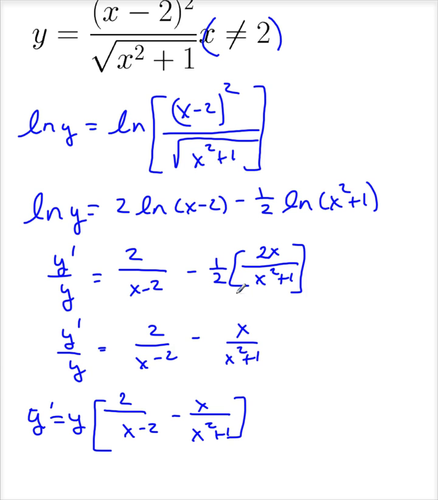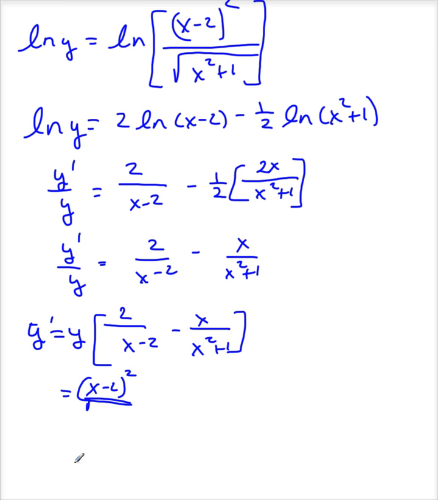I need to plug what y was back into my equation. y prime equals (x minus 2) squared divided by the square root of x squared plus 1, times 2 divided by x minus 2 minus x divided by x squared plus 1. Now the derivatives were much easier using logarithmic differentiation than the product and quotient rules.